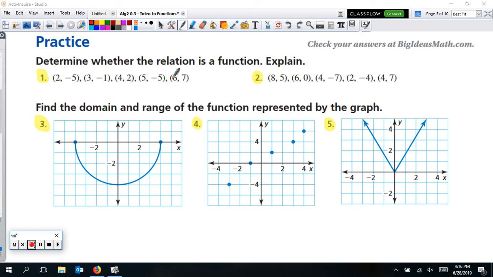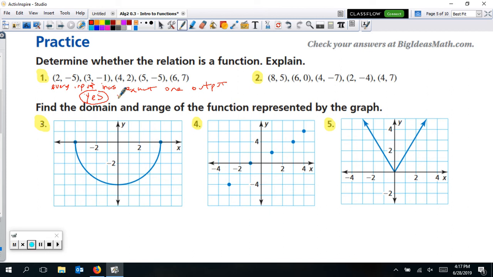Every input, that's x there, every input has exactly one output. And that's what makes it a function. And so we can say yes on this one. Determine whether the relation is a function? Yes, it is a function.